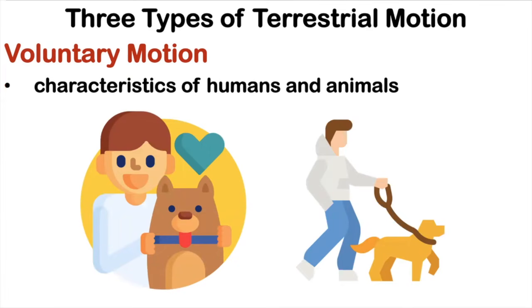And the cause of their motion was within themselves. So if a dog wants to eat, it will go out or ask for food, right? When we humans are hungry, we will cook our food. So that is voluntary.